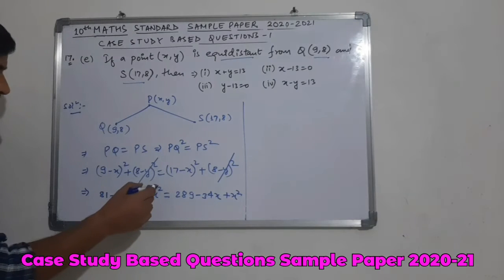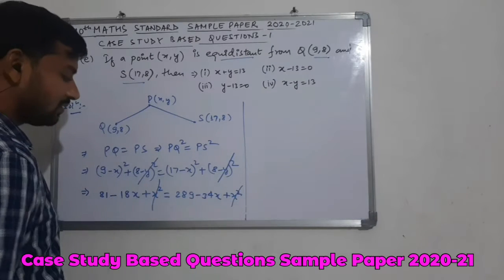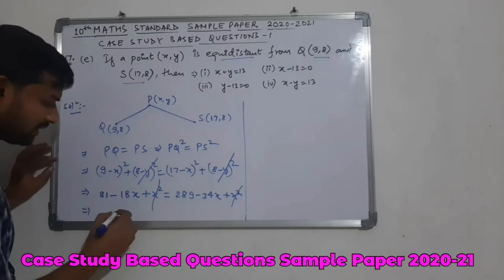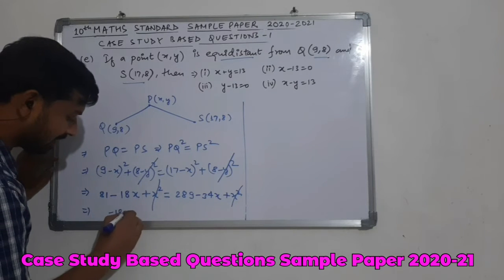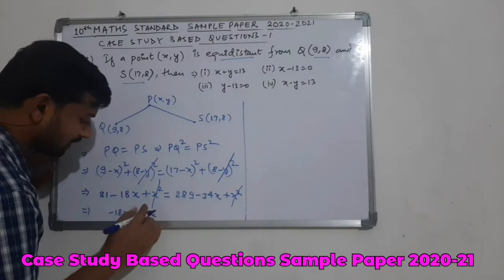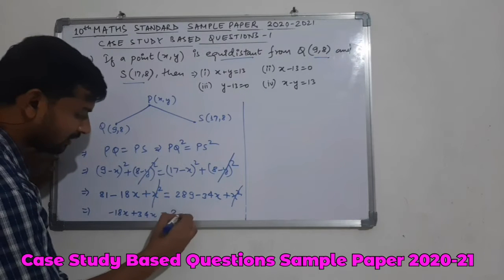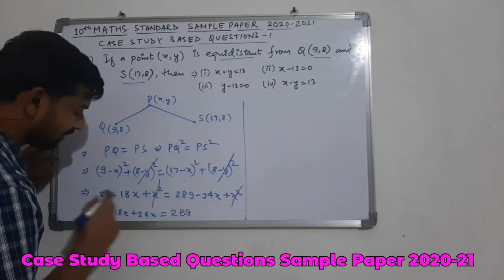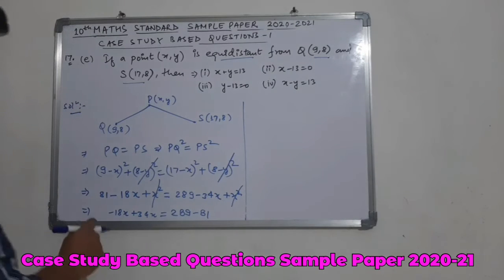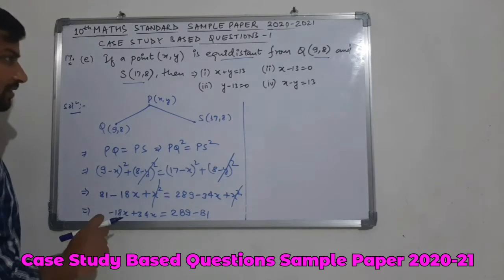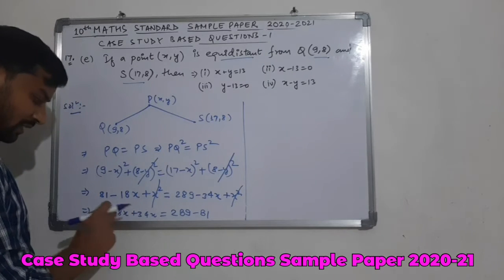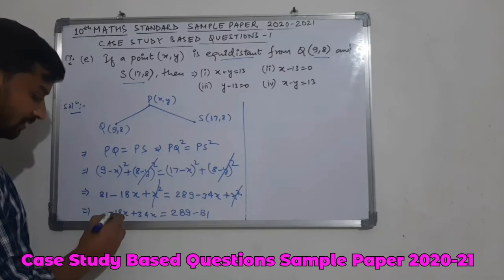So again we have the same term, x square and x square, this will be cancelled. Finally, if minus 18x is kept here and this 34x is brought to LHS, we'll get this. Then 289 and 81 will come here, so we'll get minus 81. On simplification, we are getting 34 with positive sign and 18 with negative sign.